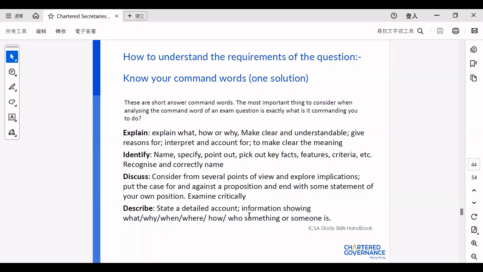You have to identify something, or we need to discuss something or describe something. So these are the command verbs for lower level questions. The question simply asks you to identify, explain, or describe something.